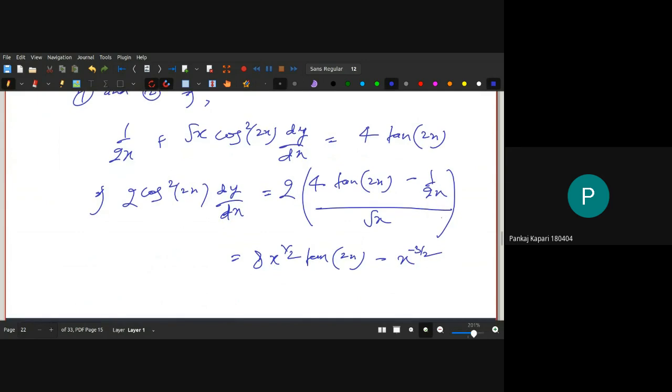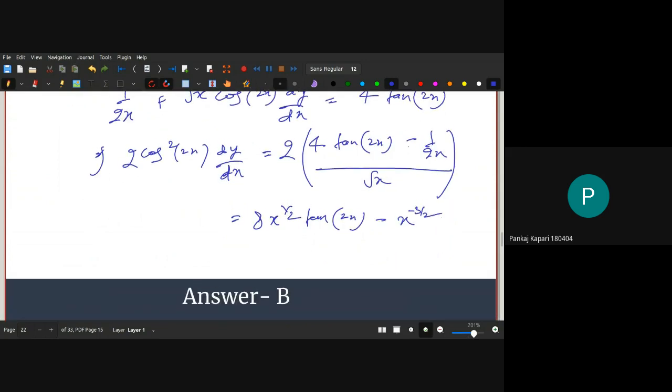Okay, so I think we are having again some mistakes. You can see that we are subtracting minus 1 over 2x, so we have to also multiply by.